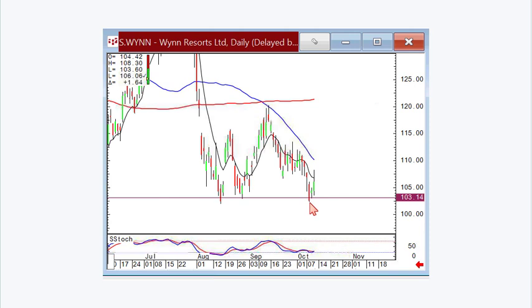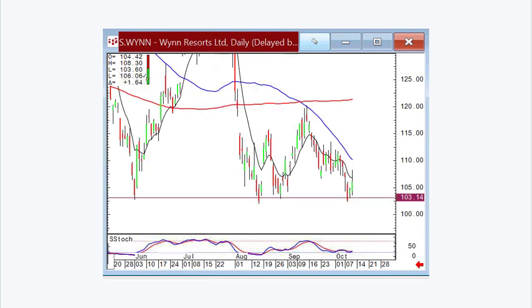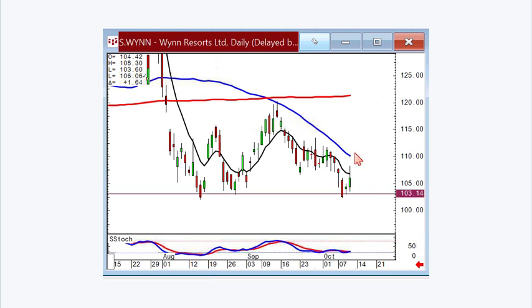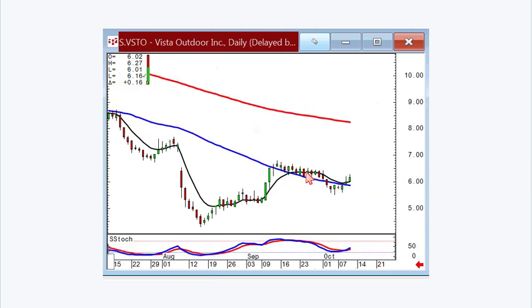That's a pretty strong support level. Again, this one you can start buying on positive trading, especially if it starts coming back up through the T line, with the idea that you watch to see what happens once it gets to the 50-day moving average. So we're always looking at things that have a higher probability.